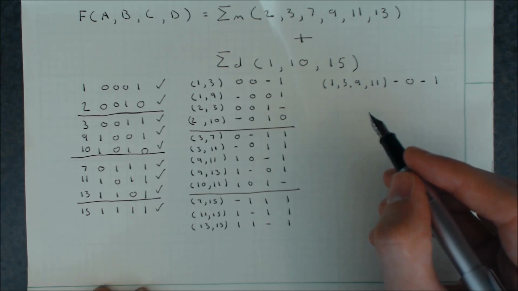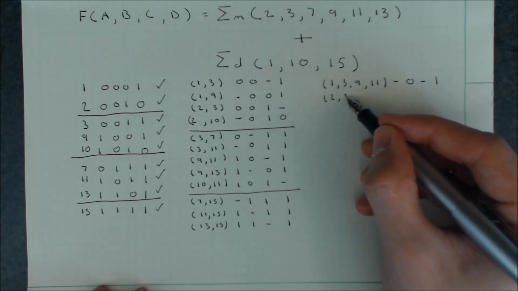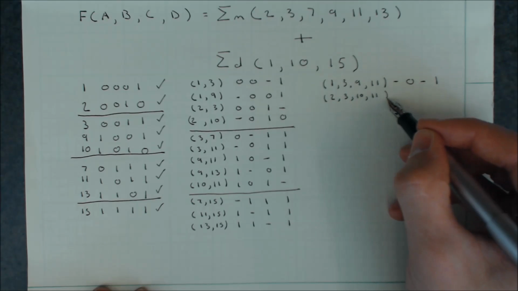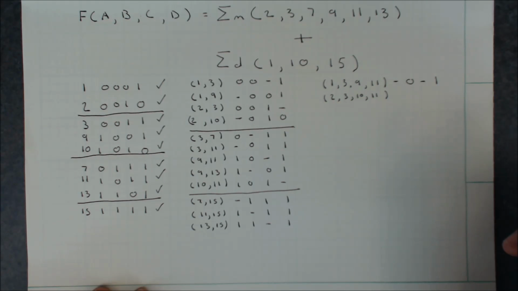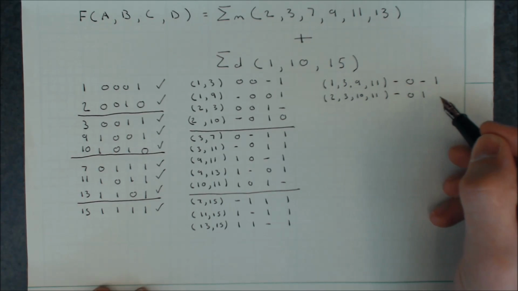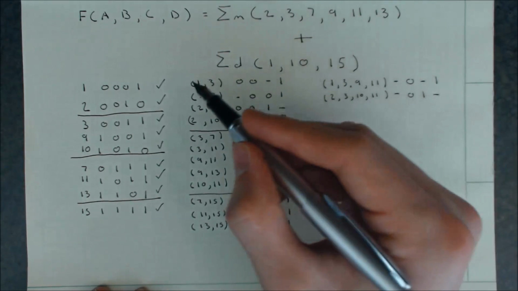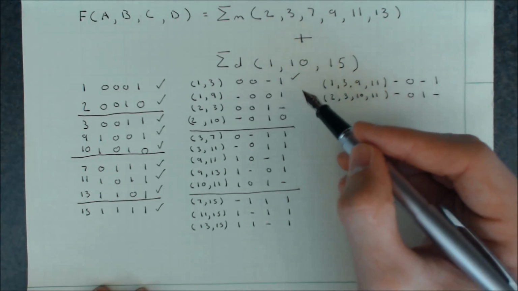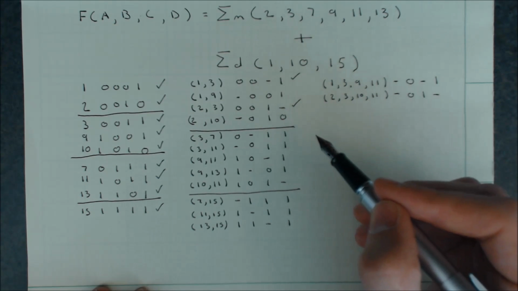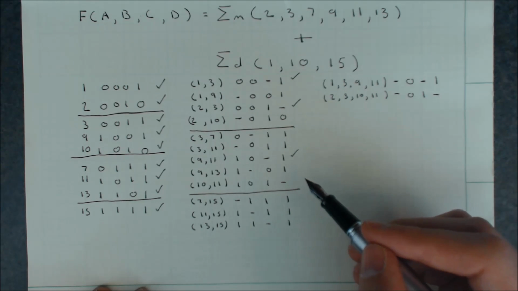And we also have the term 2, 3, 10, 11, where we have the term dash 0, 1, dash. So we've used 1, 3, we've used 2, 3, we've used 9, 11, and we've used 10, 11.